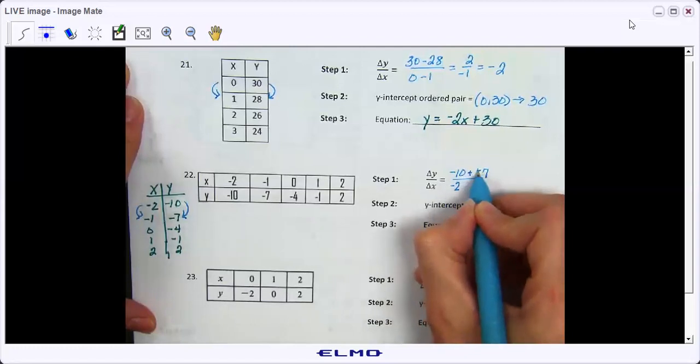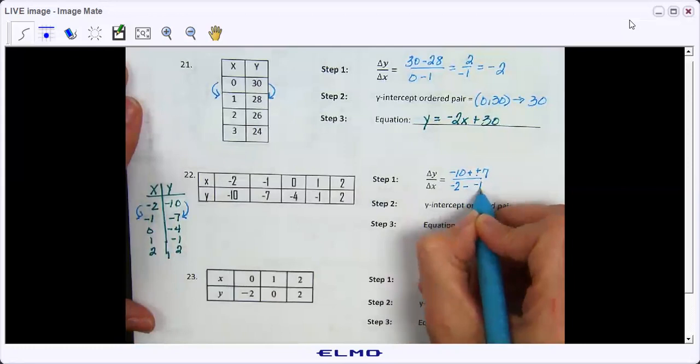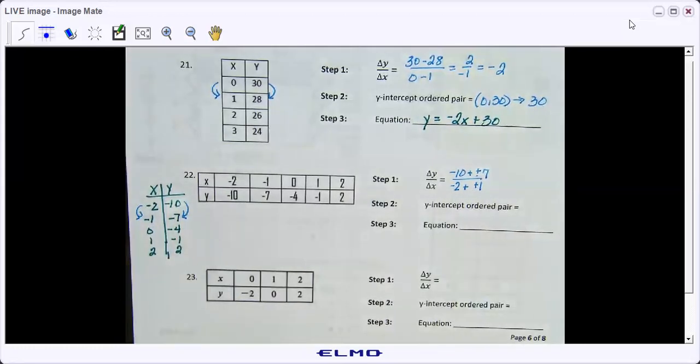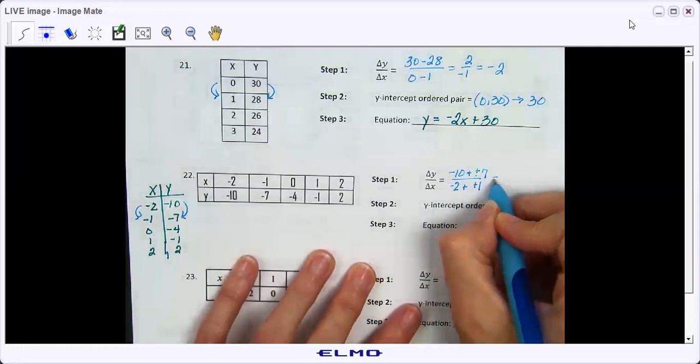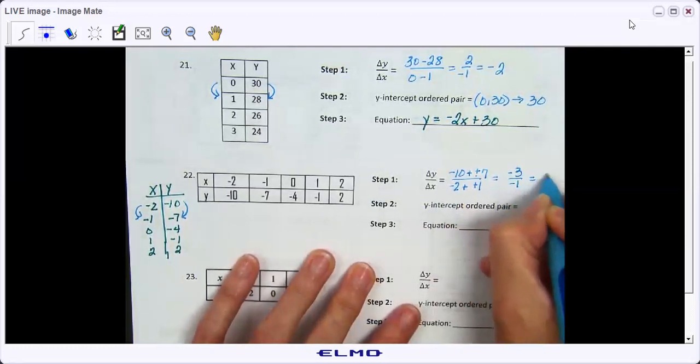So I'm going to change that to adding. And then the x is -2 minus a -1, which becomes -2 plus 1. Remember, I take my subtraction and I add the opposite. And then when I solve this, I get -3 over -1, which is 3. Okay.